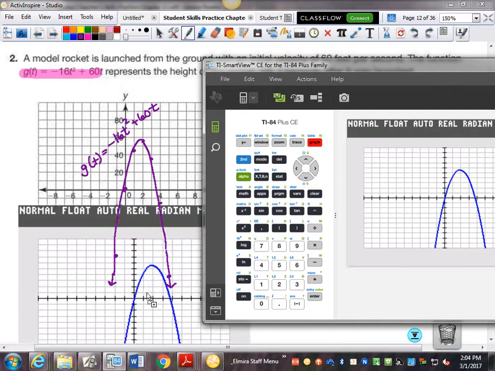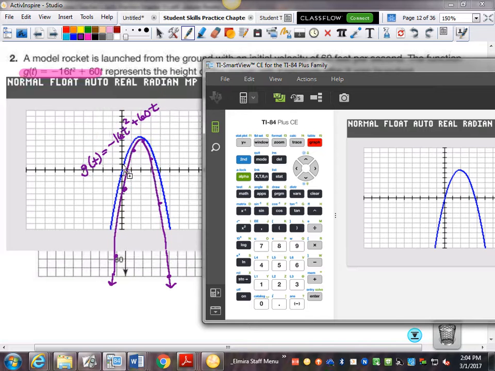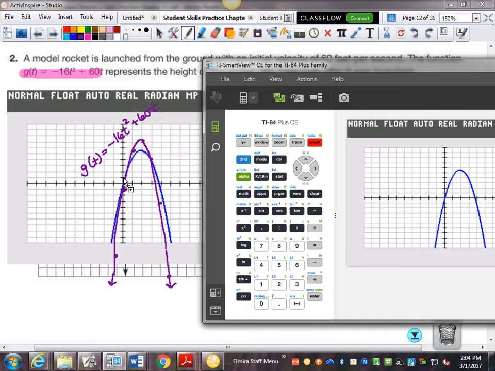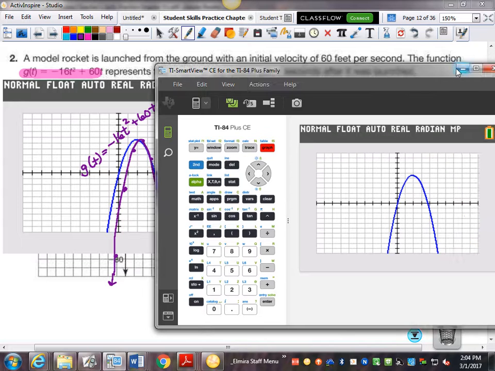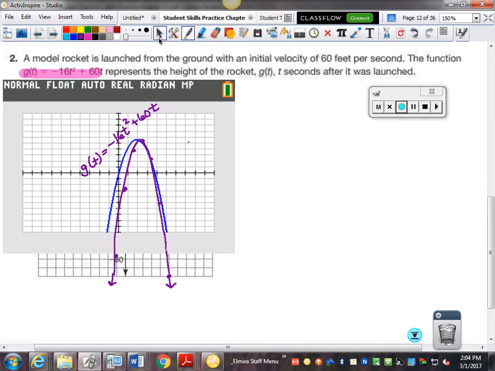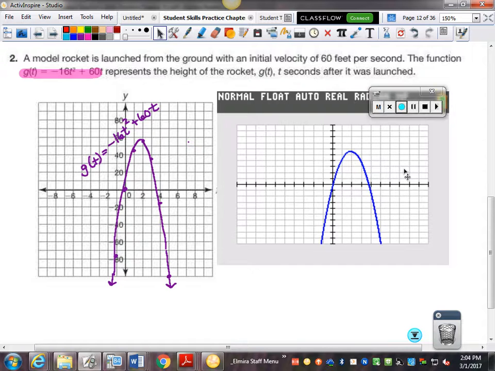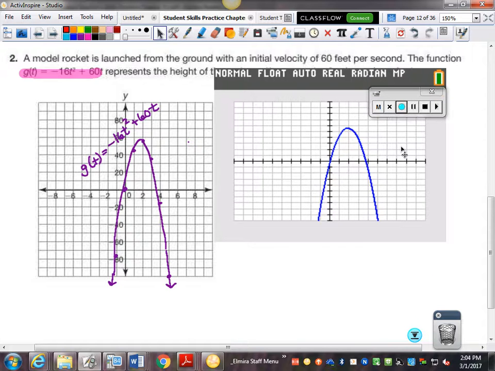Okay, now Mrs. Andrews, why does my graph on my calculator look different than the one in the picture? Well, the one in the picture, remember, is a square graph, and the one on your calculator is a rectangle.